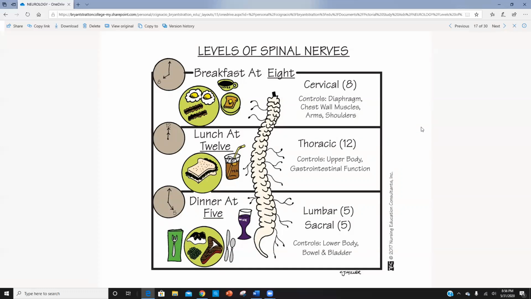Monitor for spinal shock: loss of sensation, flaccid paralysis, and reflexes below the level of the injury. We will monitor them for neurogenic shock, and neurogenic shock is when the patient has decreased blood pressure, heart rate, and cardiac output, as well as venous pooling, okay? Venous pooling, we want to be careful about that.